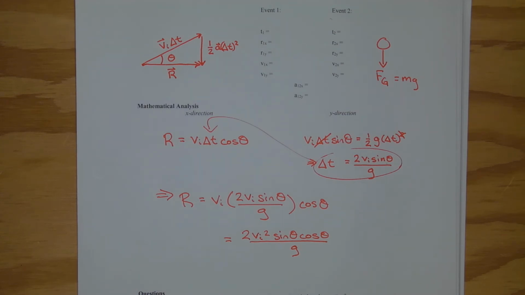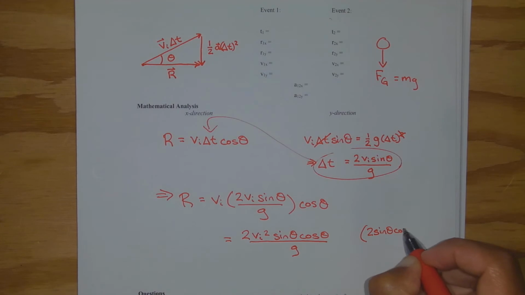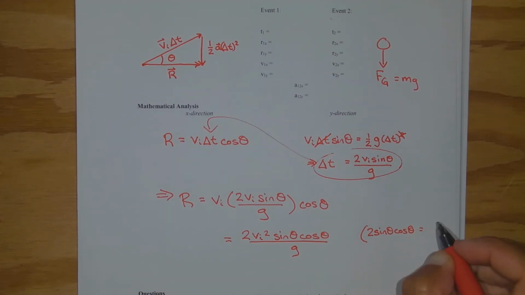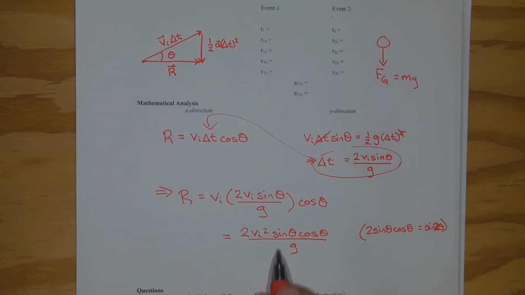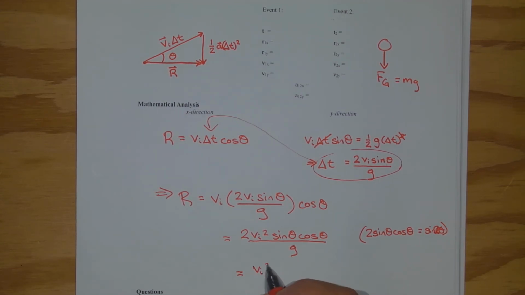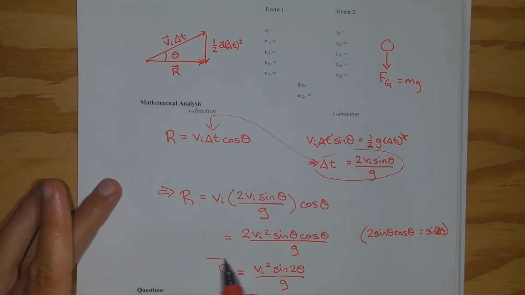However, if you use the trig identity, which says 2 sine theta cosine theta is equal to sine of 2 theta, which if this is a homework problem, you could just leave the answer like this. But if you use this trigonometric identity, you can write this as vi squared times sine 2 theta divided by g.